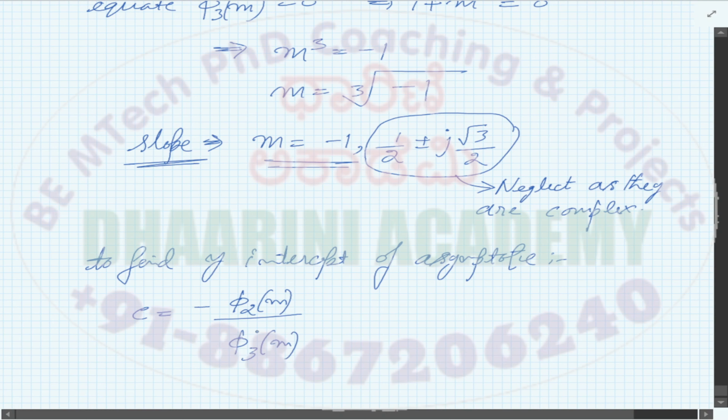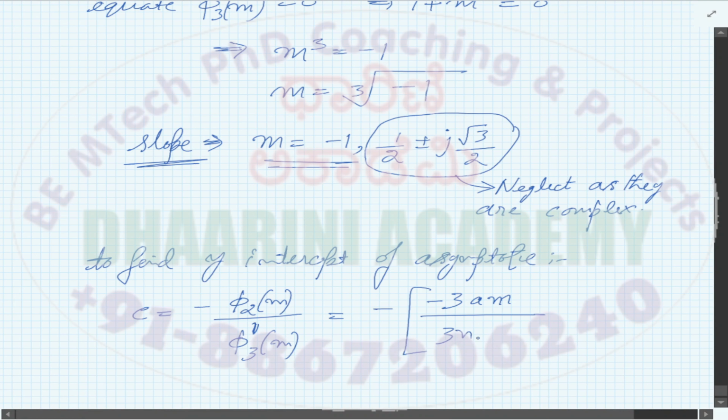We differentiate the denominator, so this is not phi 3 but phi 3 dash, indicating that you differentiate. So phi 2 is minus 3am, so c equals minus of minus 3a into m, divided by phi 3 dash. Phi 3 is 1 plus m cube, and its differentiation is 3m square.